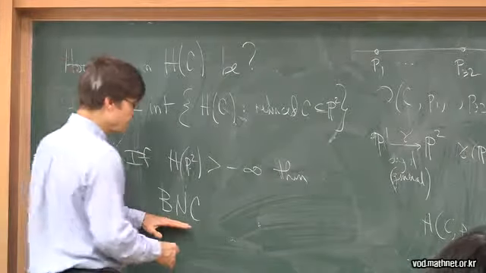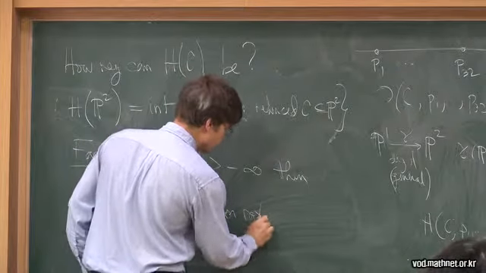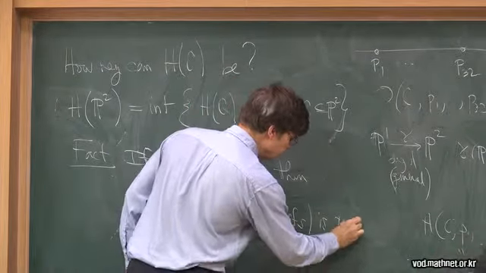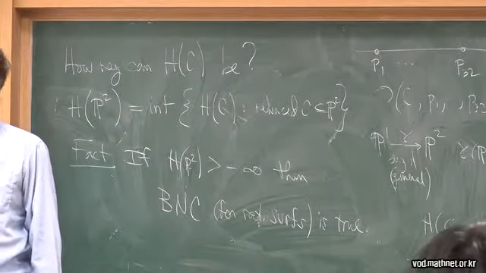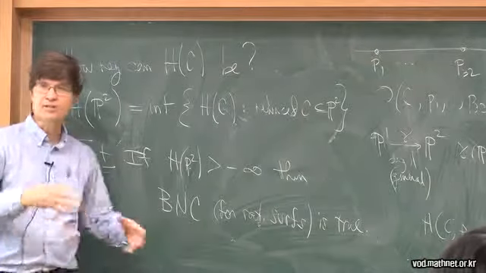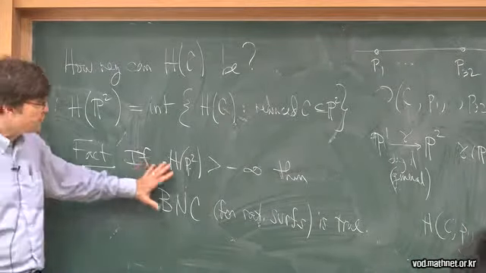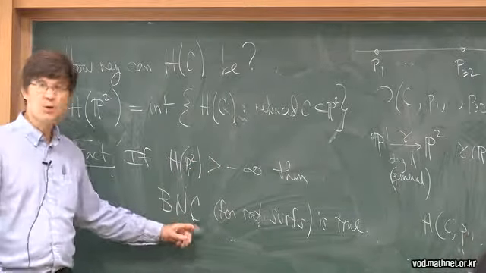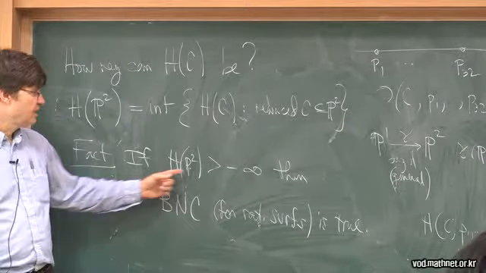The bounded negativity conjecture for rational surfaces is true. You can study the bounded negativity conjecture for other surfaces also. And this doesn't tell you anything about those. But 1 and 2 are equivalent. Yeah, so both of them are true if this is true.